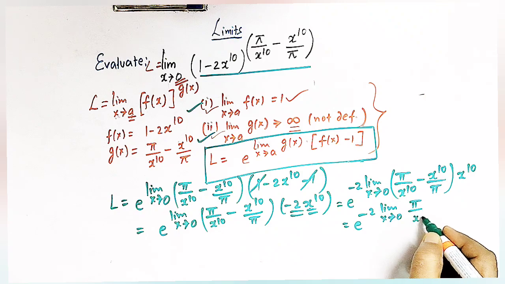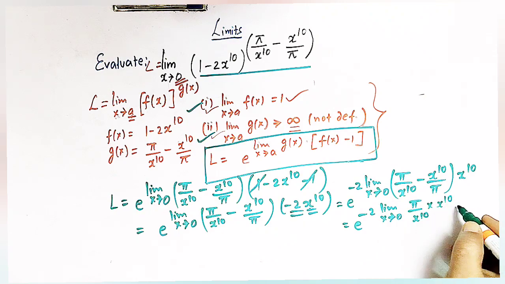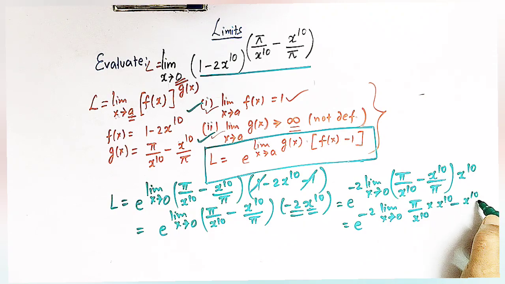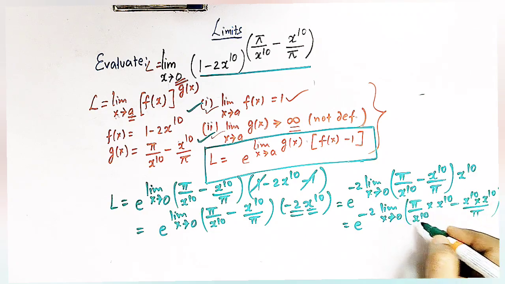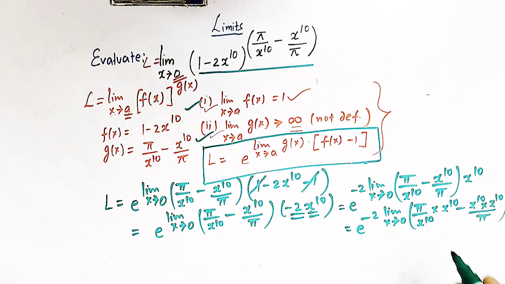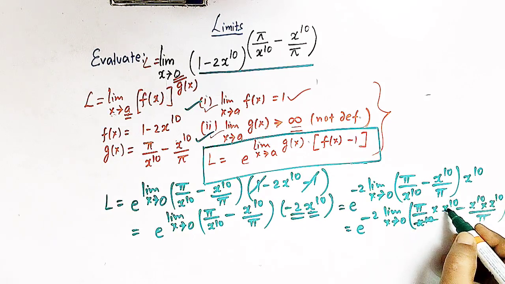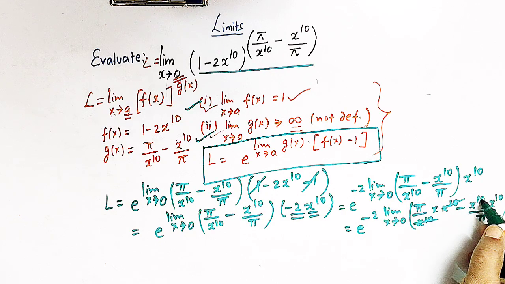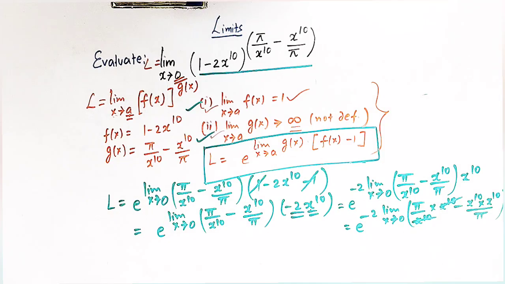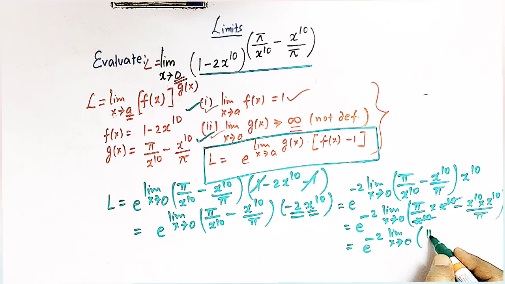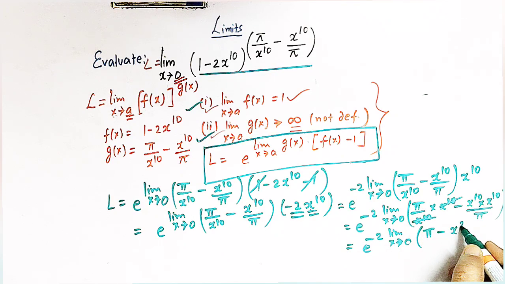We have pi over x raised to 10 times x raised to 10 minus x raised to 10 times x raised to 10 divided by pi. So now these two terms get cancelled here, and here x raised to 10 multiplied with x raised to 10 is x raised to 20. So now we can write e raised to minus 2 limit x tends to 0, and here we have simply pi minus x raised to 20 divided by pi.